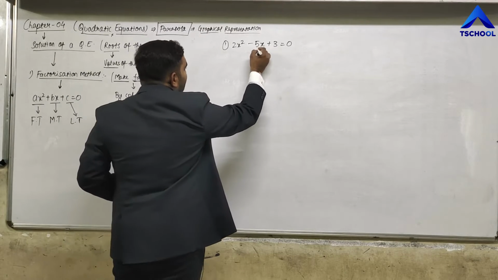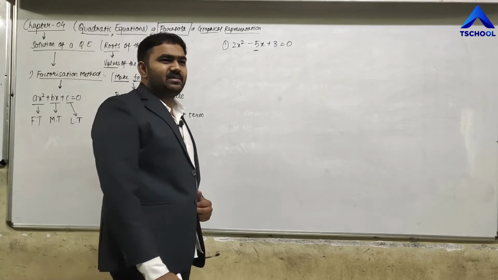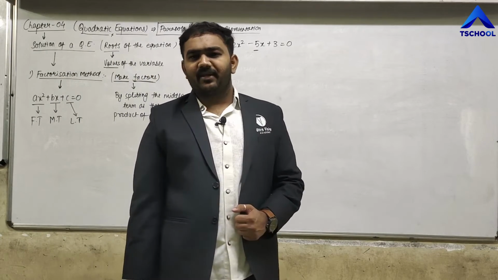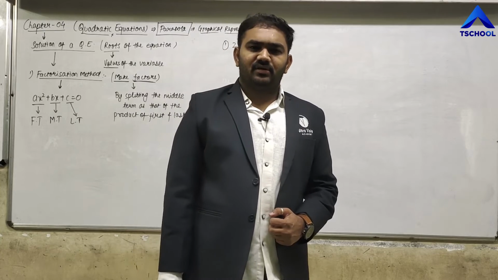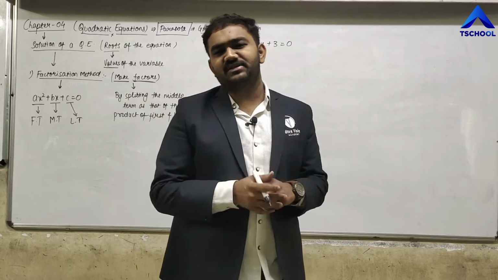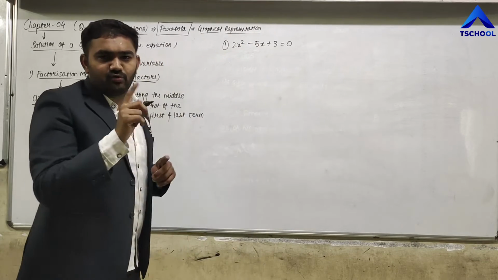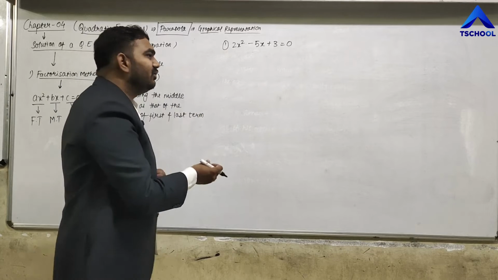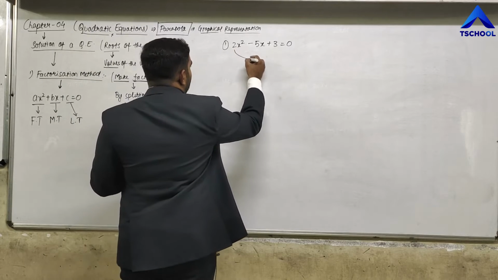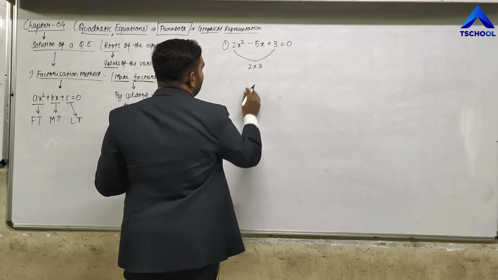So we shall split this middle term here, but first of all, as I said, the middle term will be split such that it is represented as the factors which we get as the product of first and last term. I am going to show you in only one sum, then we are going to move further. So we multiply 2 into 3.